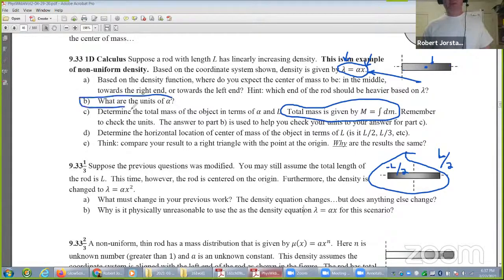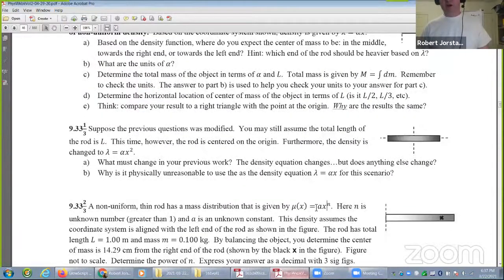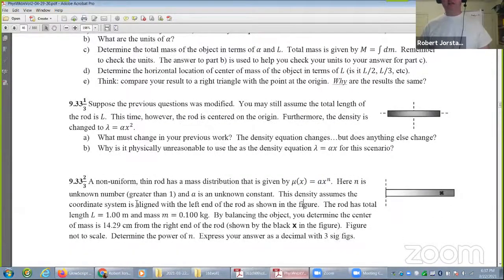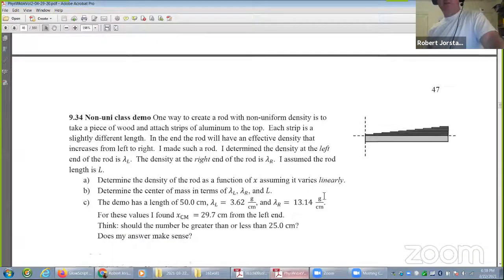Notice, in order to understand this problem, you're going to have to figure out the units of alpha so that you could check your units. Keep going. Here's one where it's some arbitrary power. So this is a variation where I gave you the length and I gave you the center of mass, and then I say, okay, figure out the exponent. So that's just a variation on this one. It's actually straightforward if you do it.